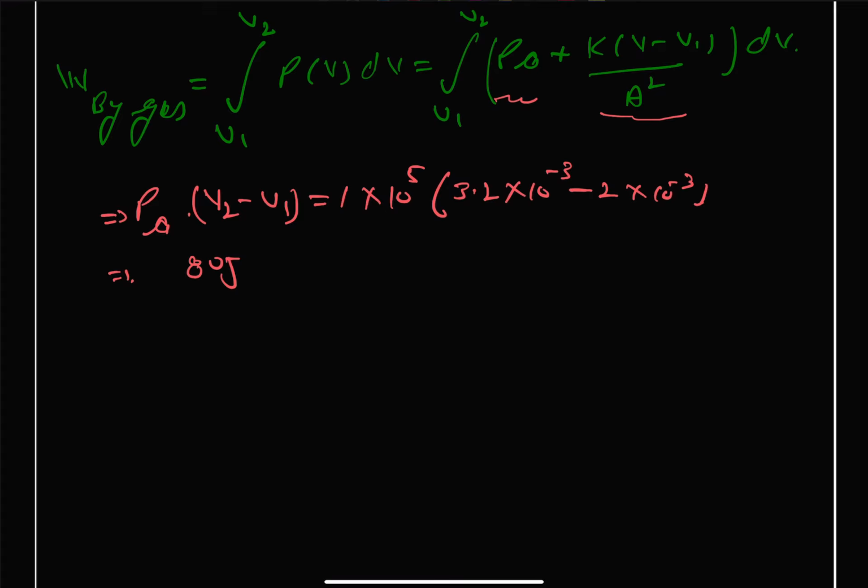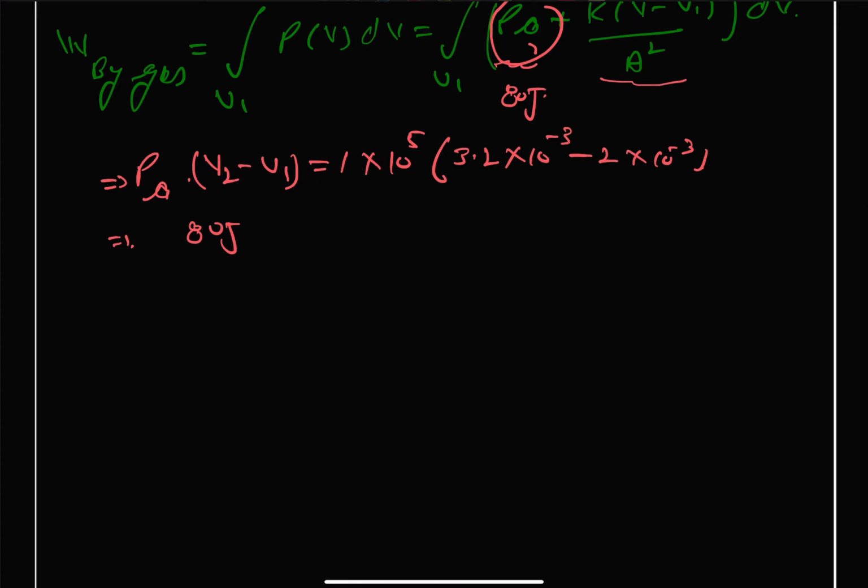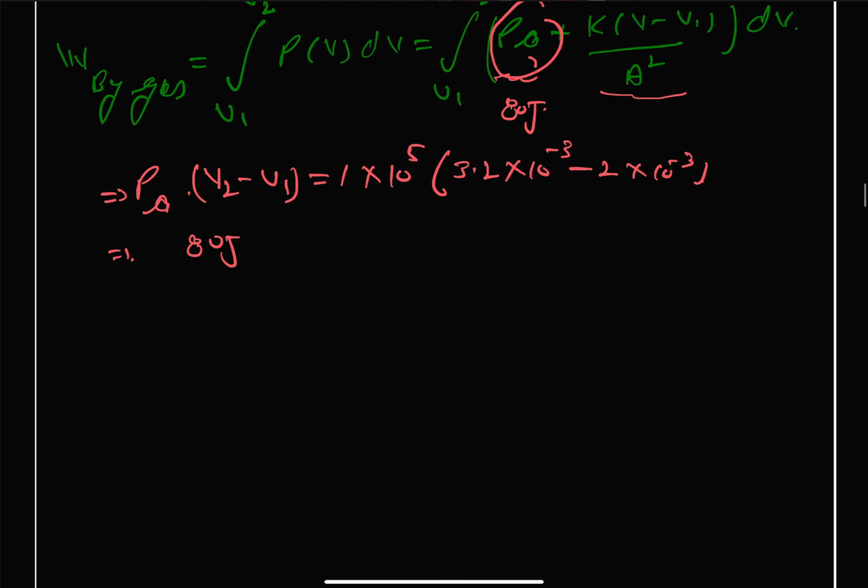So the first part integration is giving us 80 joules. Now we come to the second part. The second part is K times (V minus V1) upon A square, dV, and integration V1 to V2.